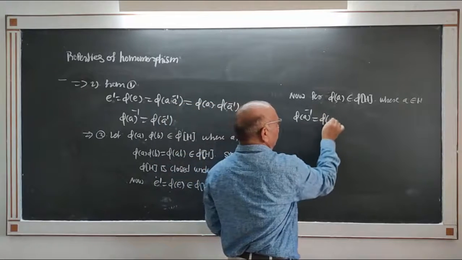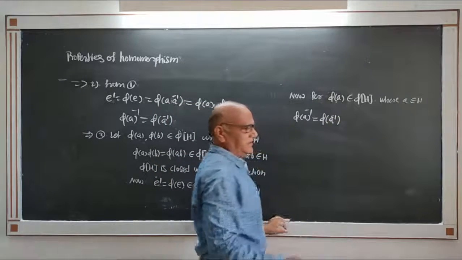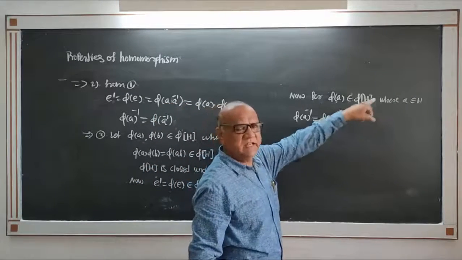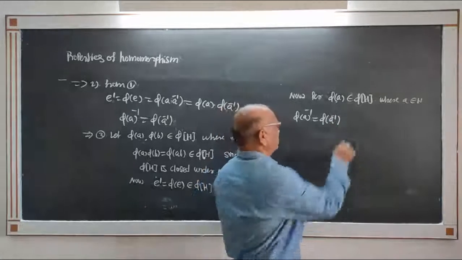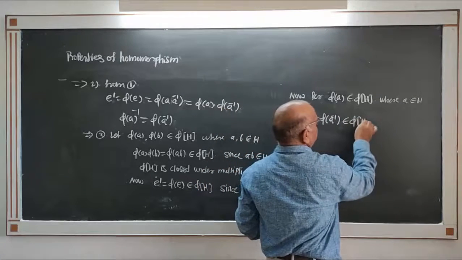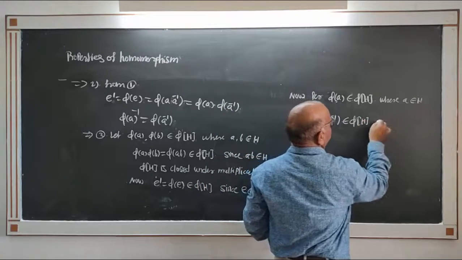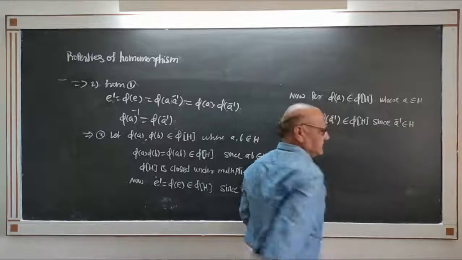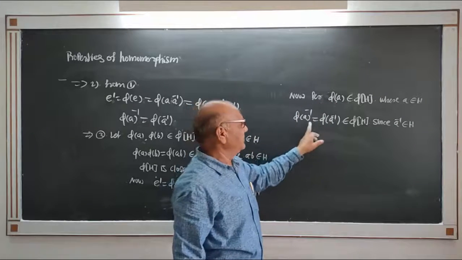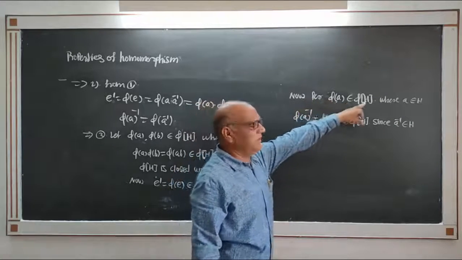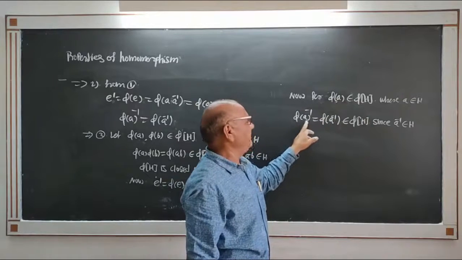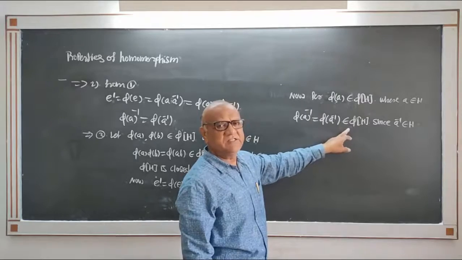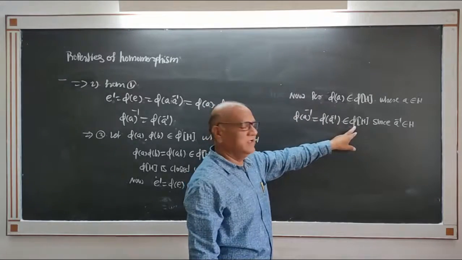If a belongs to H, then a inverse also belongs to H, since H is a subgroup. So this belongs to phi of H. That means if phi of a belongs to phi of H, then the inverse of phi of a also belongs to phi of H. This gives existence of inverse.